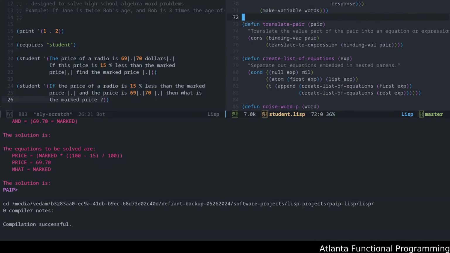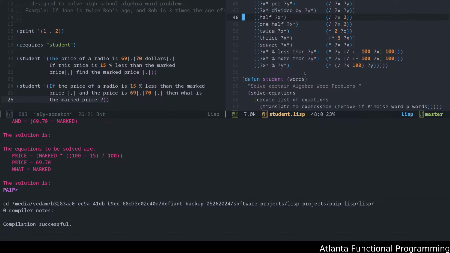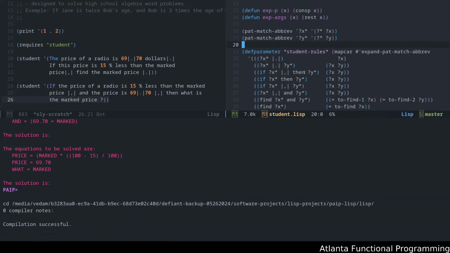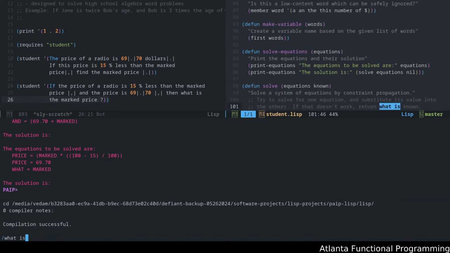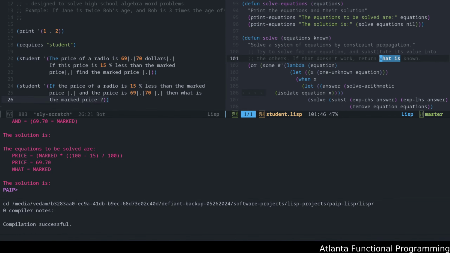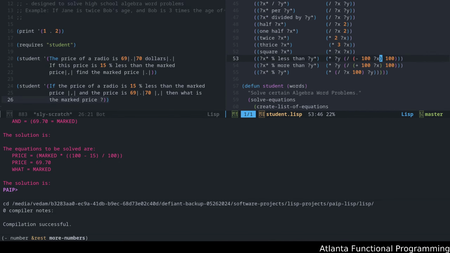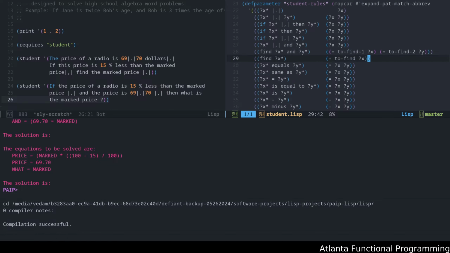So let me go look at the rule-based translator here for a second, just to see how we might be able to fix this. No, no, no. We need to go look at. Here we go.